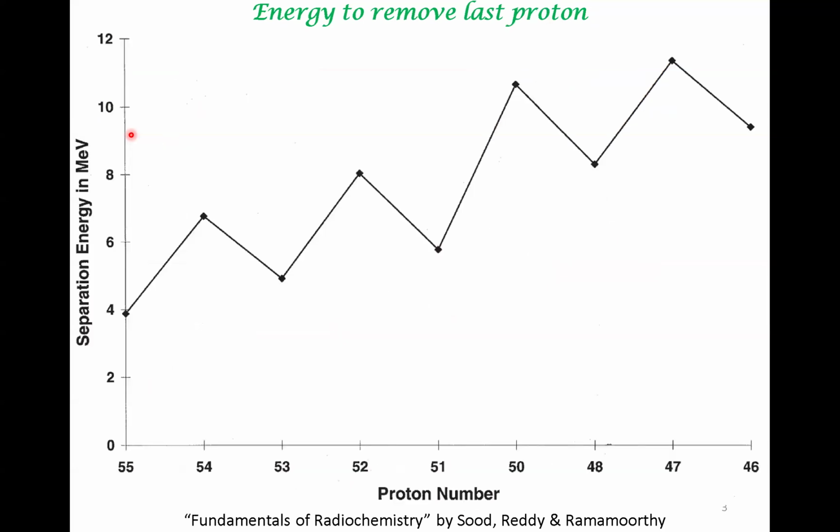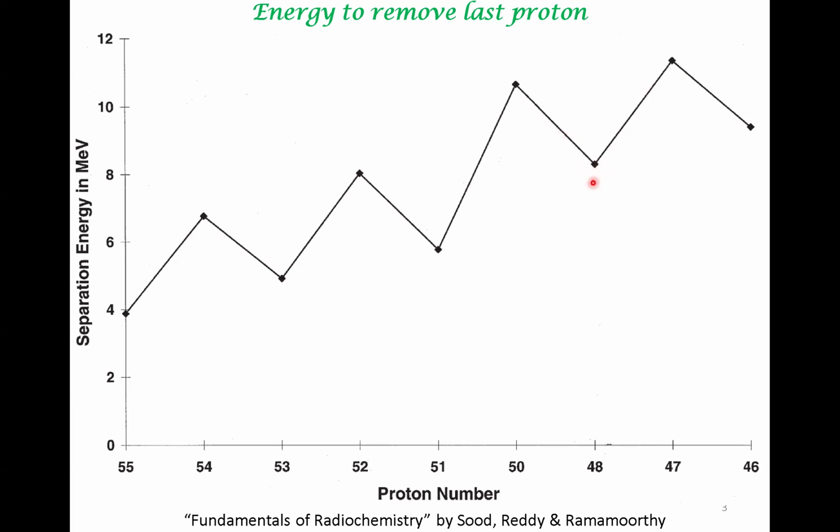So what do you see for protons? You see similar behavior: the energy required to remove a proton from a nucleus that has an even number of protons is always greater, 54, 52, 50, and so on.